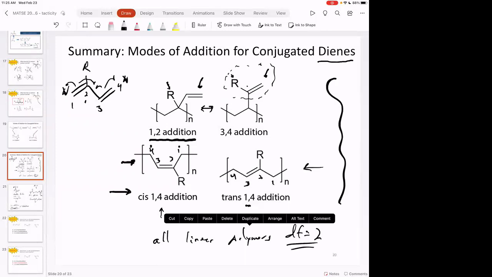Trans means opposite, right? And so carbon 1 and carbon 4 are on opposite conformations, or if you look at the Newman projection, they're in the trans configuration. And so we call that trans 1,4 addition, because we can't rotate around that double bond, right? So that is locked in there. Does that make sense?